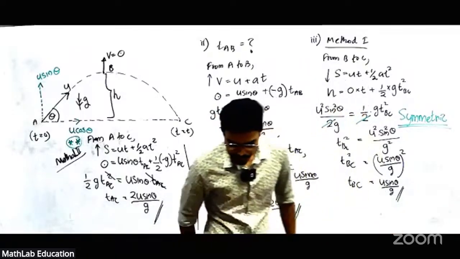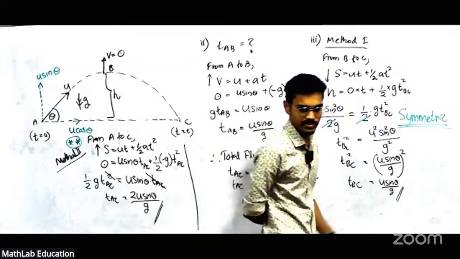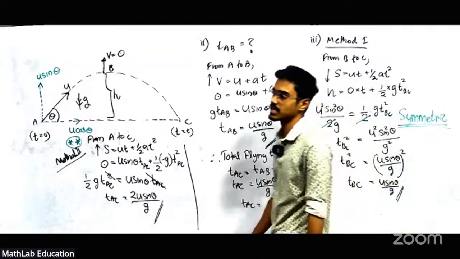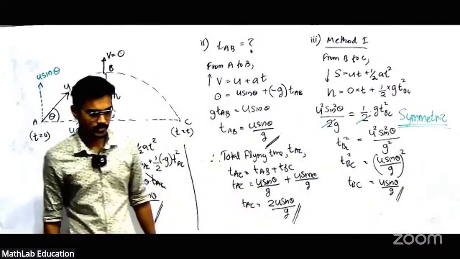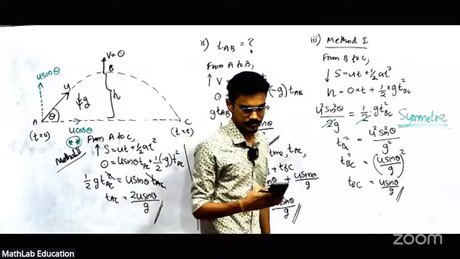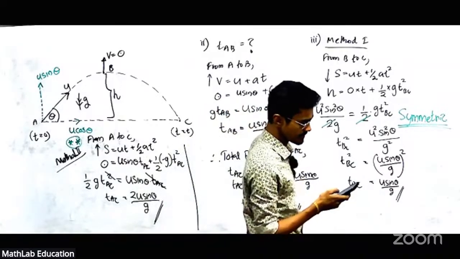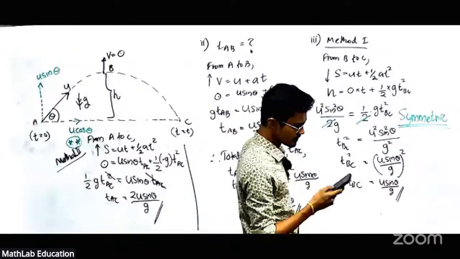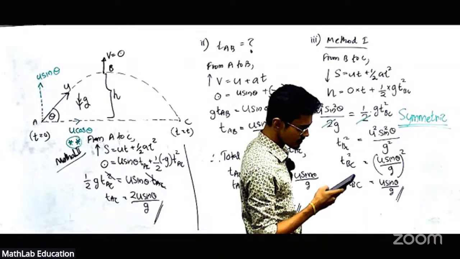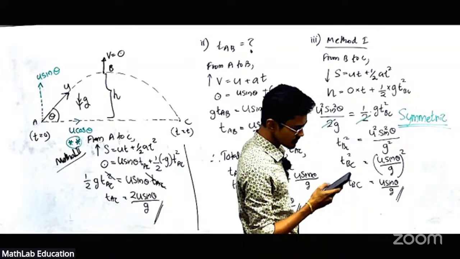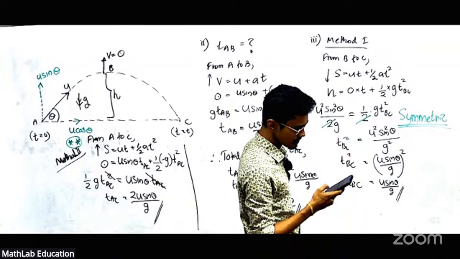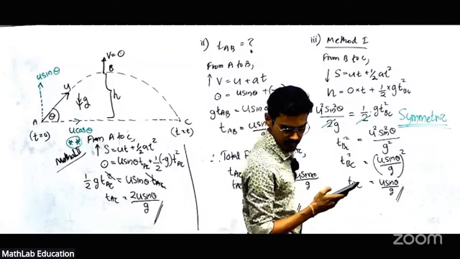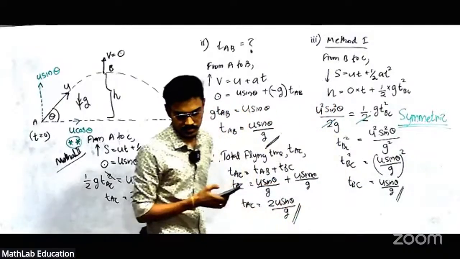Right? The positivity and negativity of a vector is always with respect to the direction of consideration. Clear now? Okay, good.